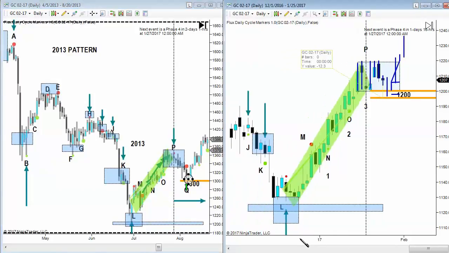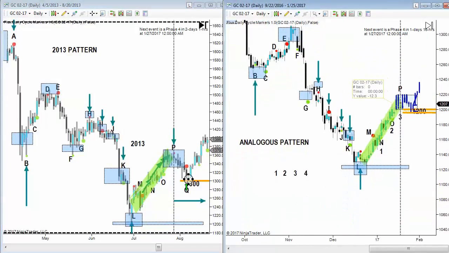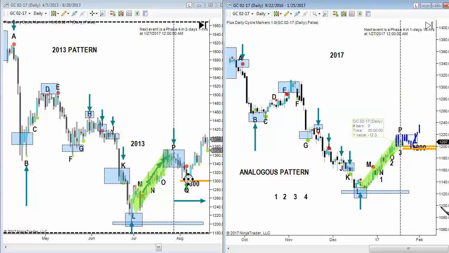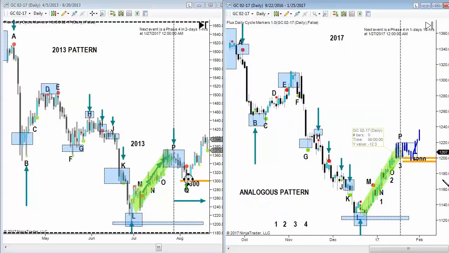But in comparison here, looking at 2013 in relation to 2017, you can see where we're at and what might happen moving forward if the market makers continue to follow the footsteps that they've laid for themselves in the past.